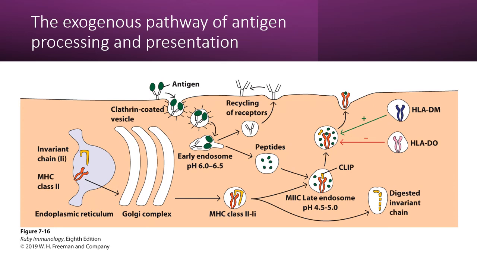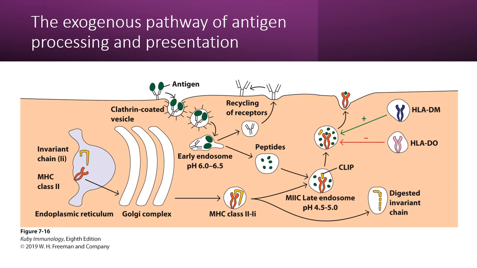Meanwhile, your MHC class 2 is made back here in the rough endoplasmic reticulum, transported with its invariant chain, the II thing. It's going to get transported through the Golgi complex until it gets to about this point. And then it's going to merge with that lysosome-endosome thing, and the MHC class 2 containing vesicles are going to merge together all in the same place. The invariant chain gets digested, and you replace it with a little piece of the peptide.